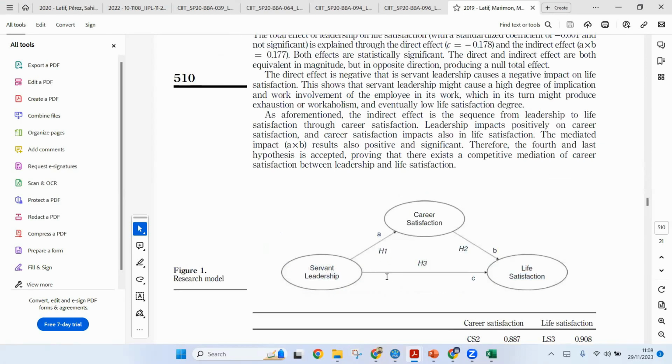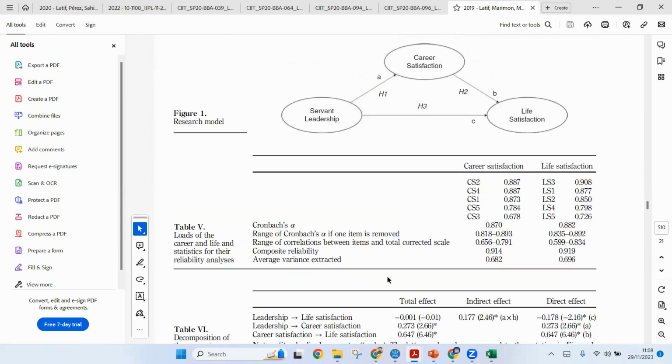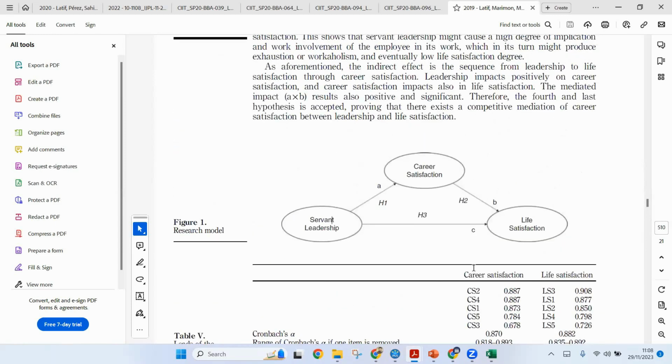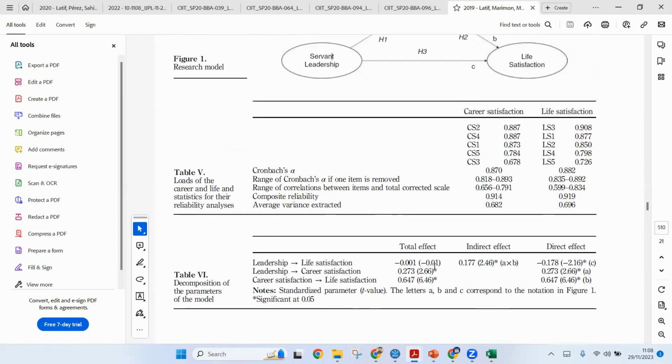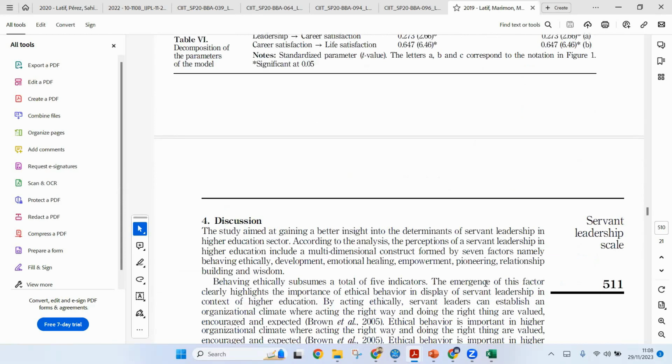The impact of servant leadership on life satisfaction, we found it negative here. Look at this. The direct effect was negative. How can leadership weaken life satisfaction? Servant leadership is bound to improve life satisfaction, but the results we got were negative.